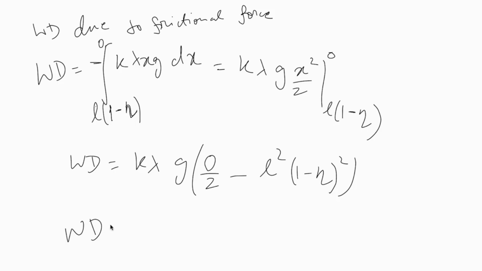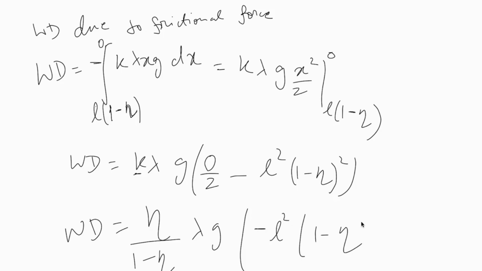And now I can write for k. So k was actually found out to be something like this, right? Beautiful.